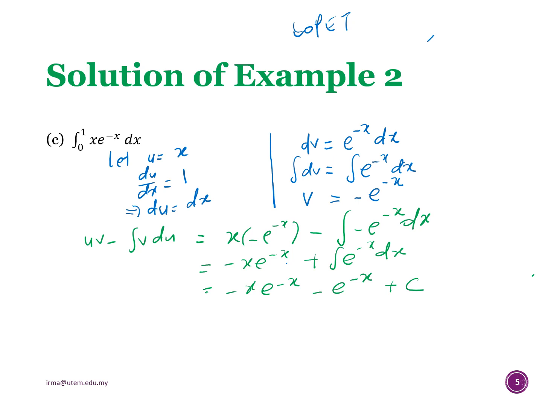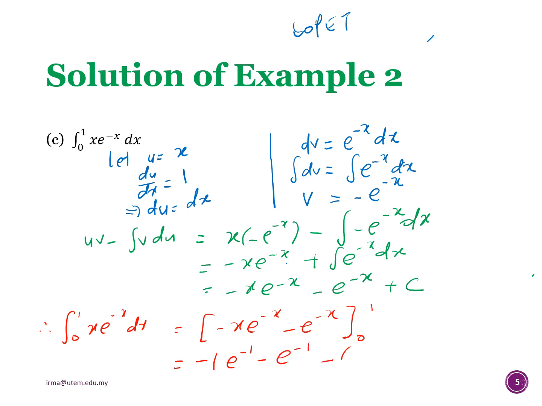Since we have the definite integral from 0 to 1 of x exponent negative x dx, we will get negative x exponent negative x minus exponent negative x, and we put the limit from 0 to 1, which means that you need to substitute x with 1 first, and then minus substitute with 0, so 0 minus exponent 0.